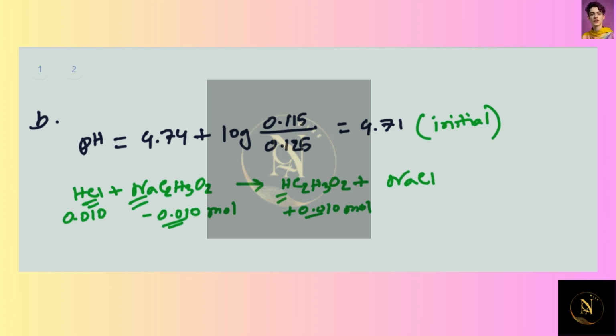So we know the initial concentration of the base and acid. If we just multiply the base concentration by the volume of the solution, which is 500 milliliter or 0.5 liter, we will have the number of moles of this base as 0.0575.